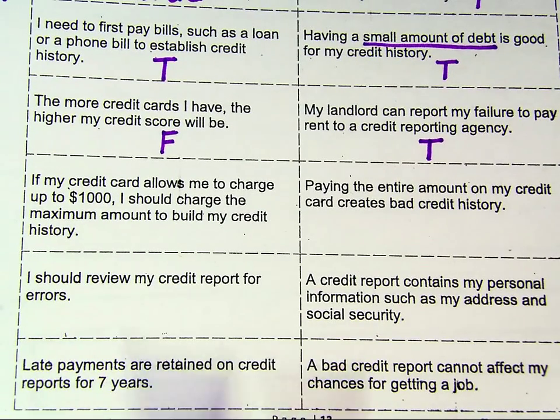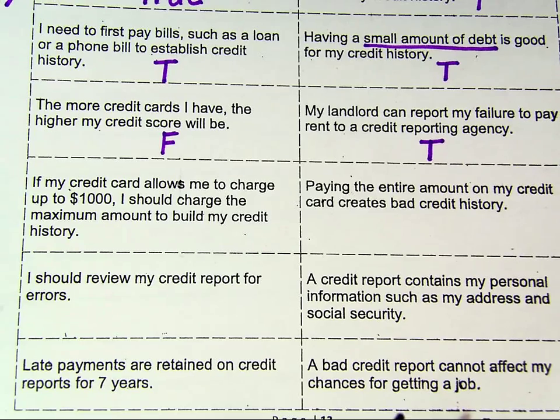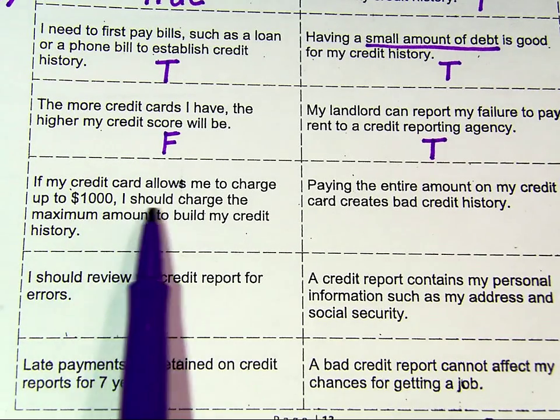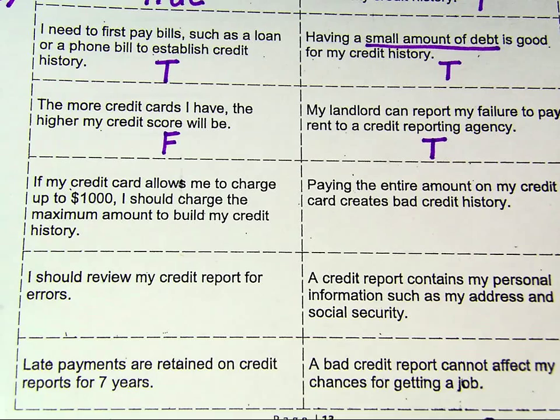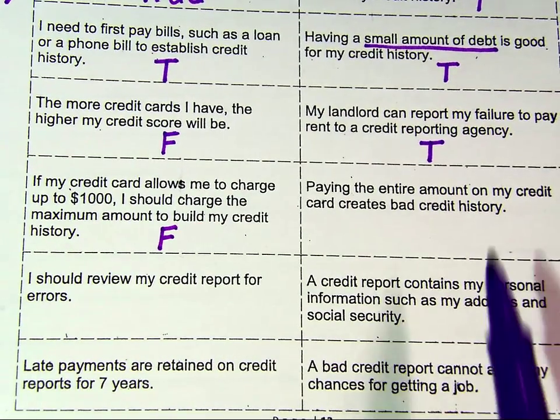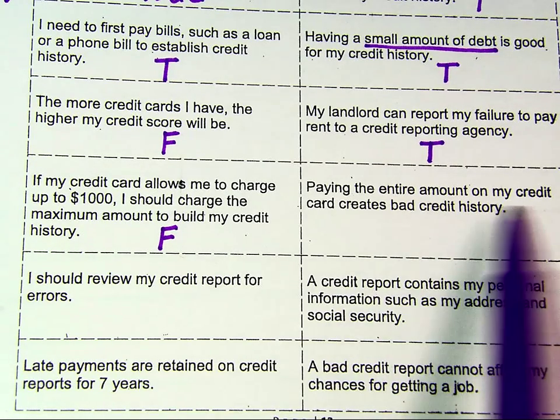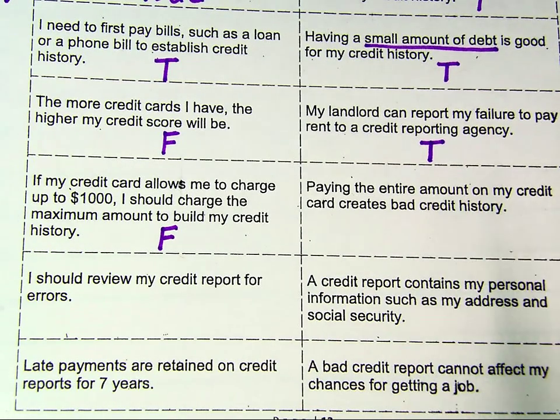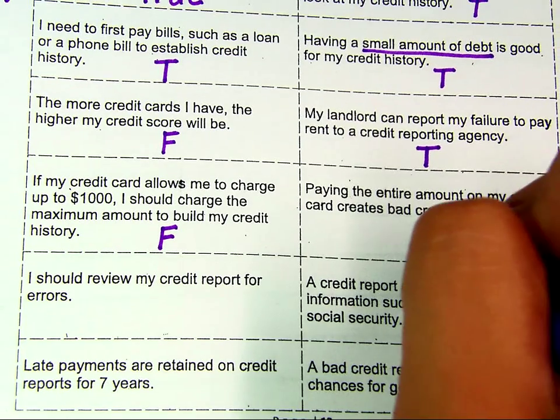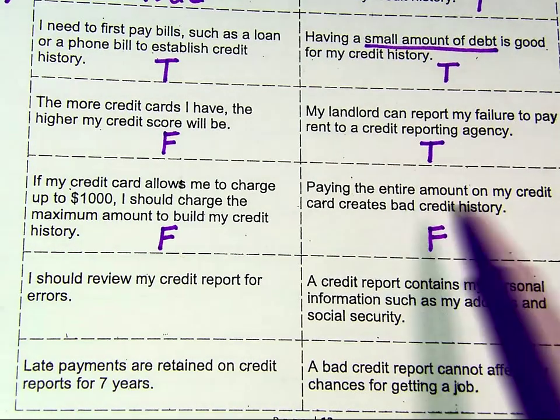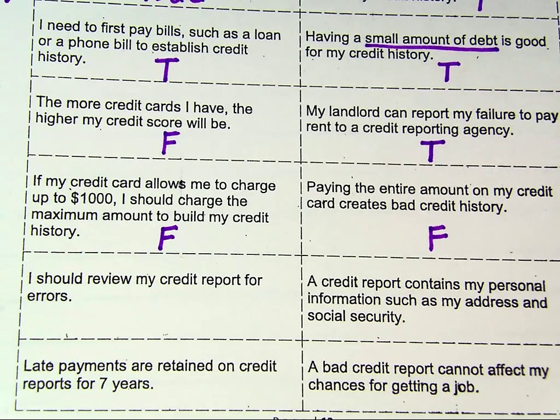If my credit card allows me to charge up to $1,000, I should charge the maximum amount to build my credit history. That is false. Paying the entire amount on my credit card creates bad credit history. That is false. Actually, paying the amount on your credit card off would create good credit history.